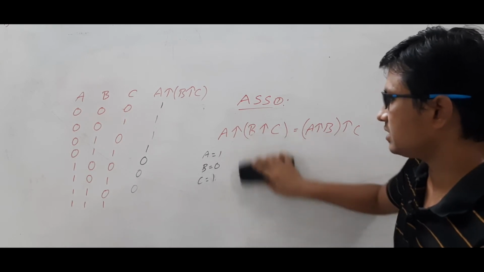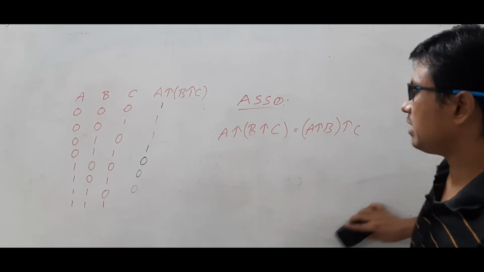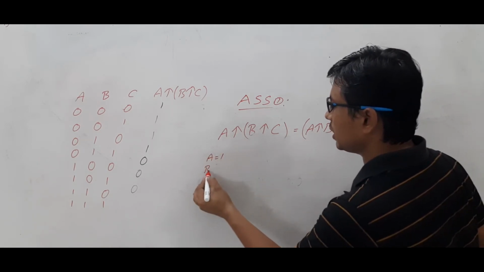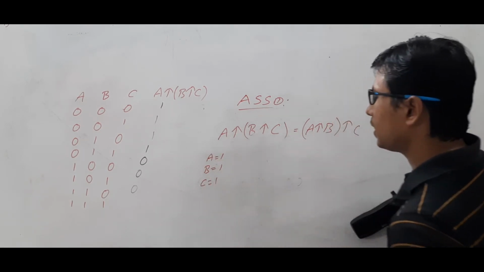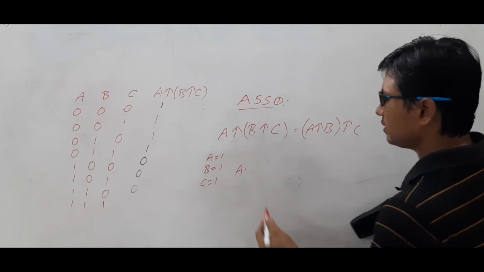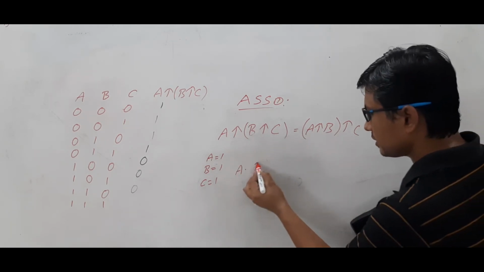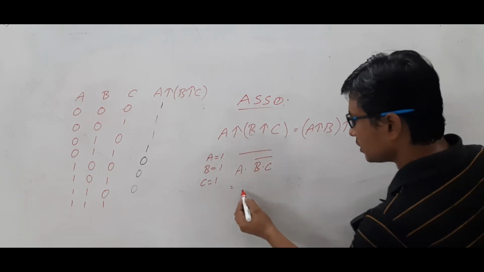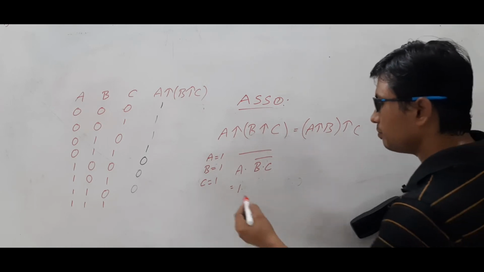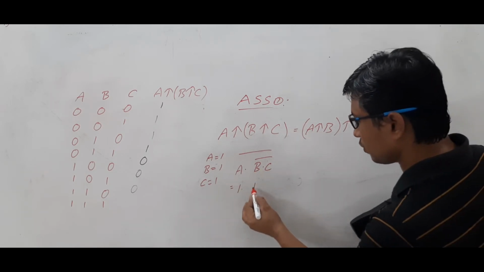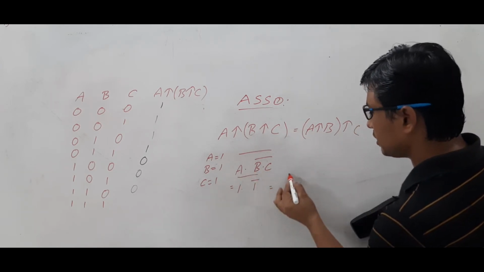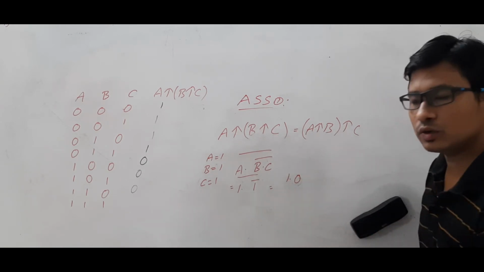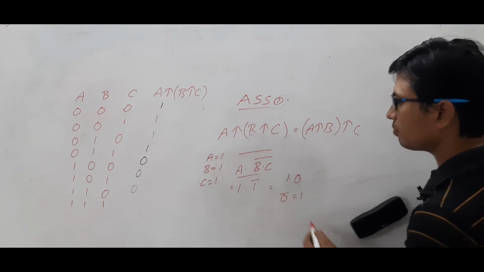Okay. Now let me see 1, 1, 1. When A value is 1, B value is 1 and C value is 1, what will happen? Now you have A and (B NAND C), whole complement. So A value is 1, B and C is 1, so you will get 1's complement, whole complement. 1 and 1's complement is 0, 1 and 0 is equal to 0, 0's complement is 1.